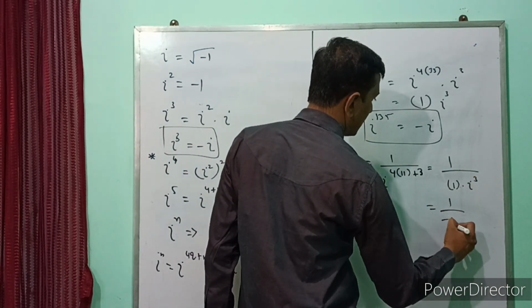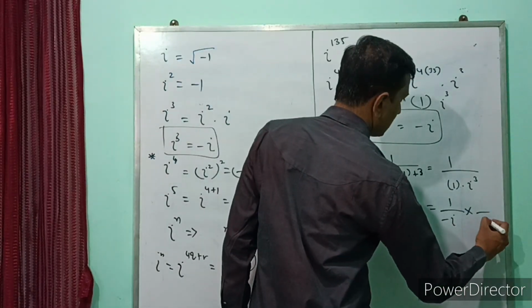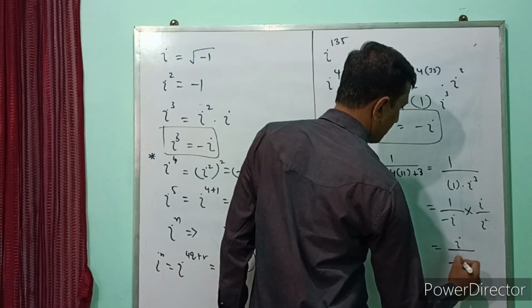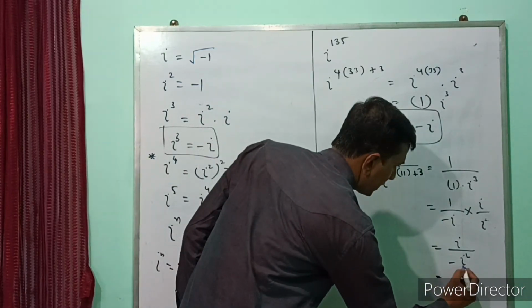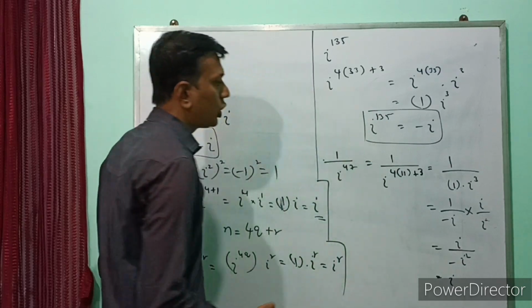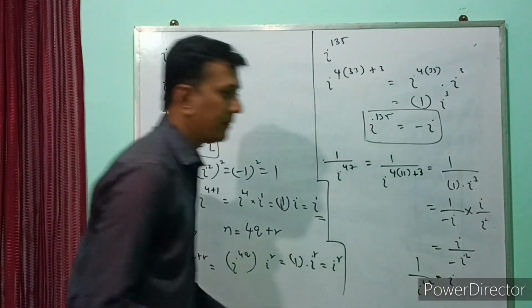So i cube value is nothing but minus i. When you convert into a rational number, multiply with i and i. So i by minus i square. But what is minus i square value? Minus 1. Minus 1 into minus is plus. That means i is going to be the value of 1 by i power 47.